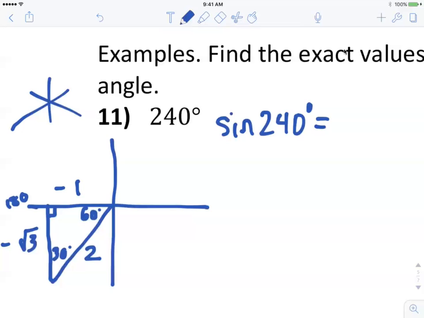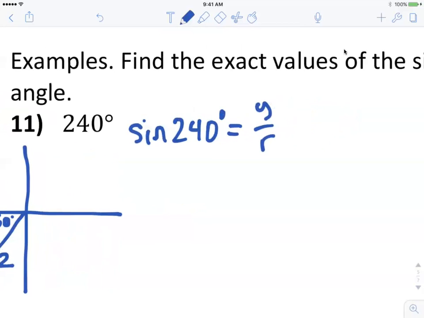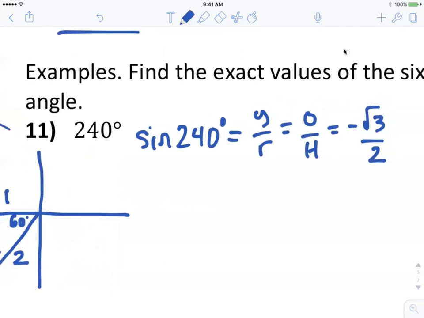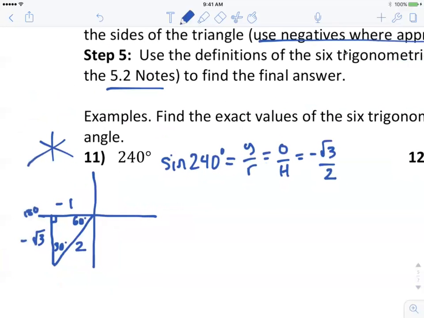So y over r is negative √3 over 2, or think of it as opposite over hypotenuse of the reference angle. Either way, you're going to get negative √3 over 2 as your final answer. Cool. Now do all 6. See what you come up with.